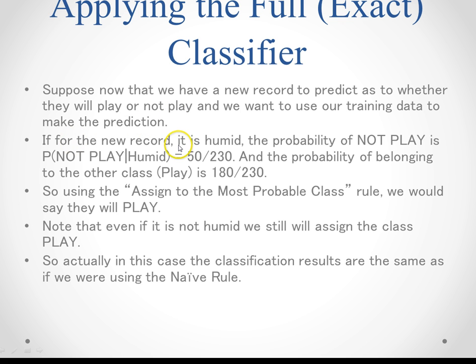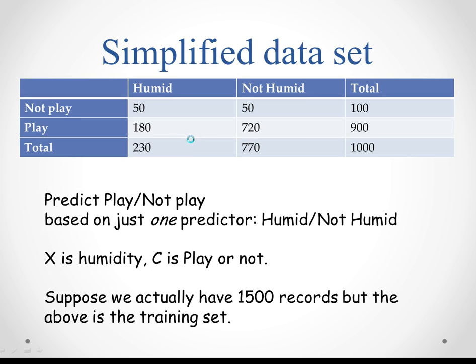If for the new record it is humid, then what should we do? In the case of humid, we had 50 that did not play and 180 that did play, so what should we predict? Obviously, that they're going to play, right? Given that it's humid, we're going to predict that they play.